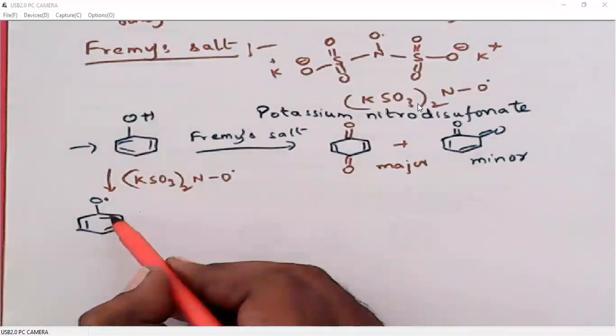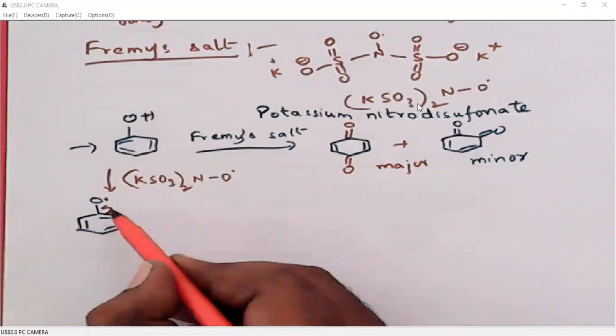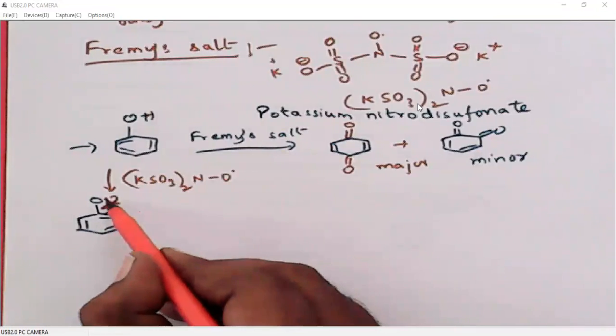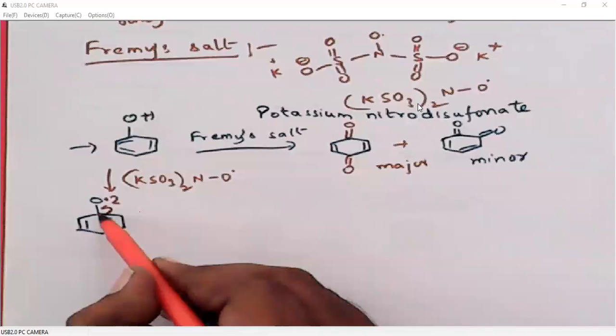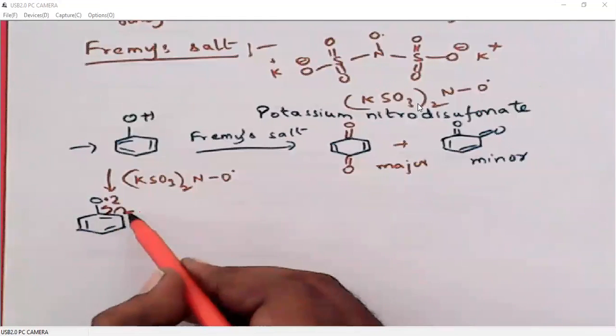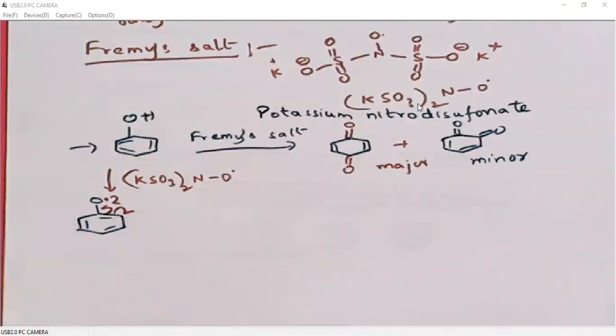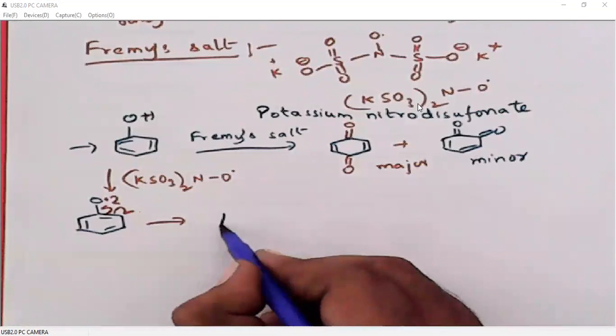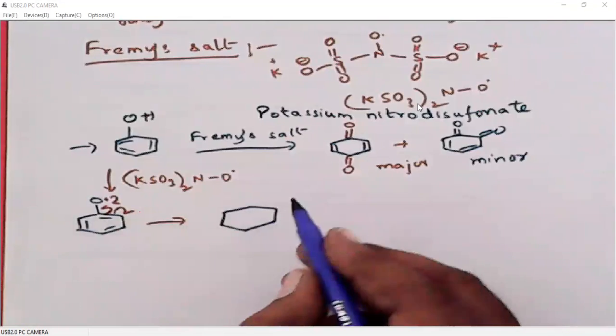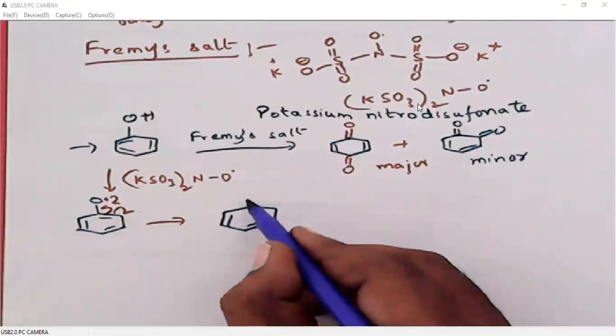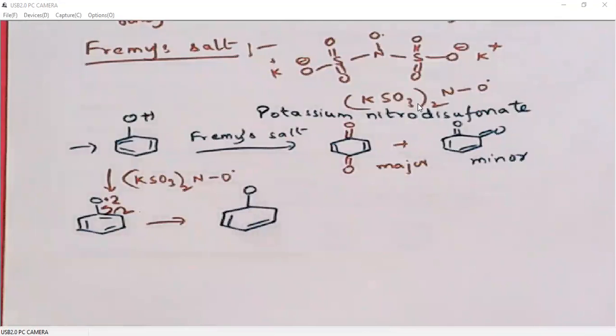When we draw resonance structures, this double bond will undergo homolytic cleavage. So this electron and the electron from this bond will form a double bond. The other electron will generate a radical here. These are the previous double bonds, and oxygen is there.